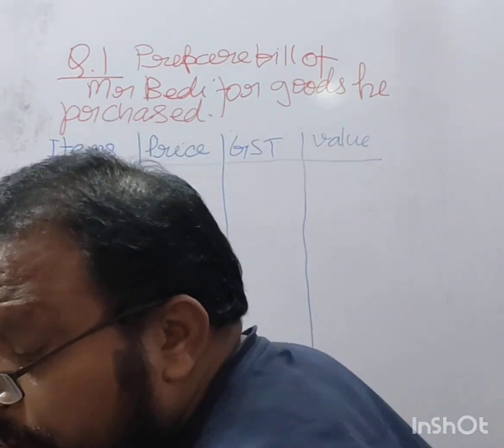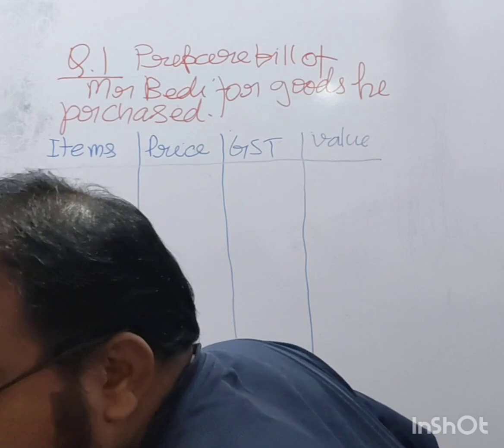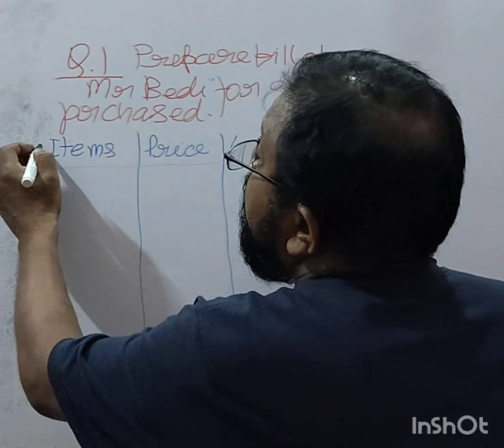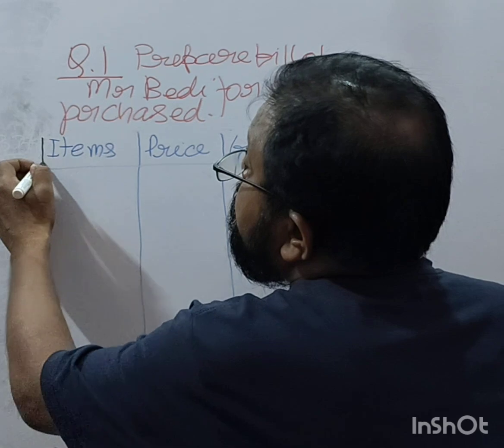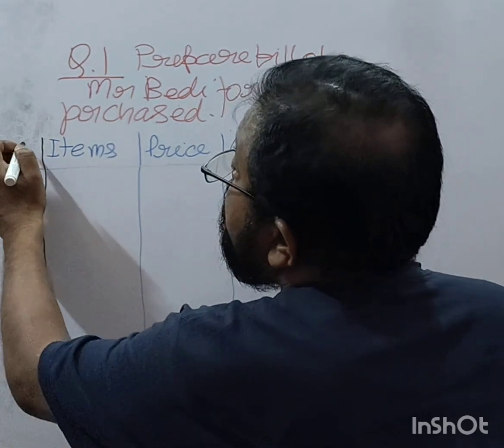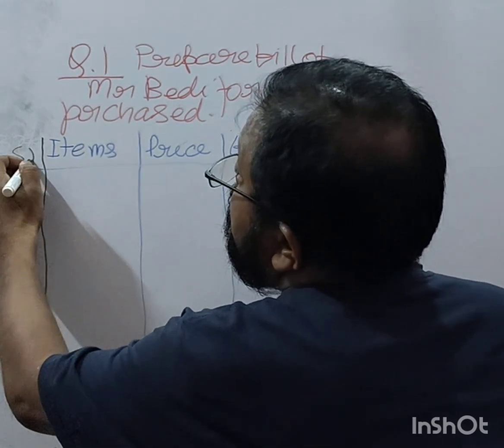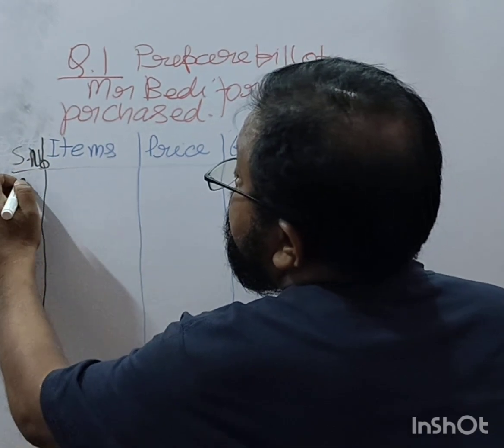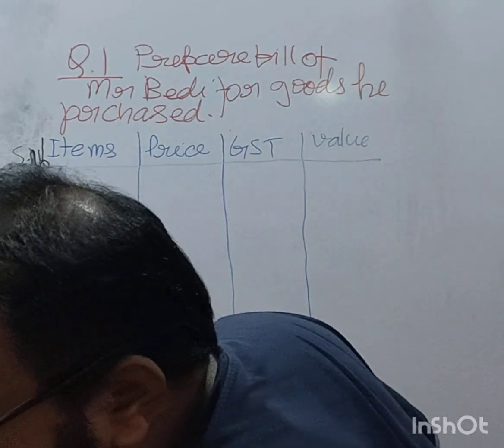Now, first item he purchased, this is what we call serial number. So first he purchased medicines.